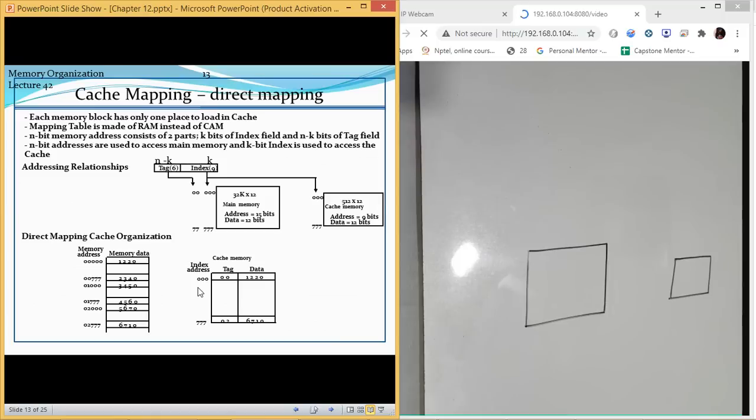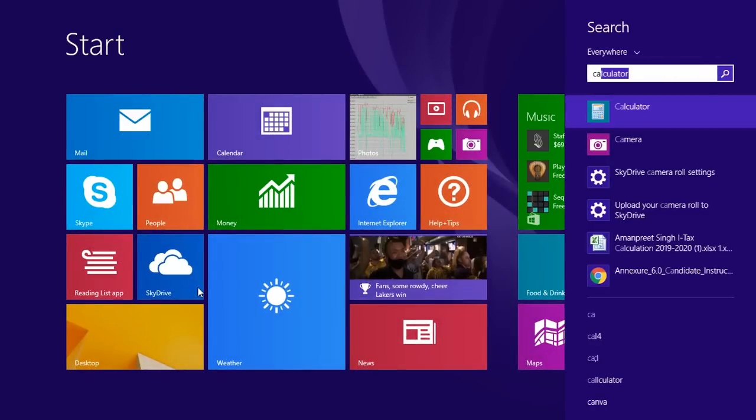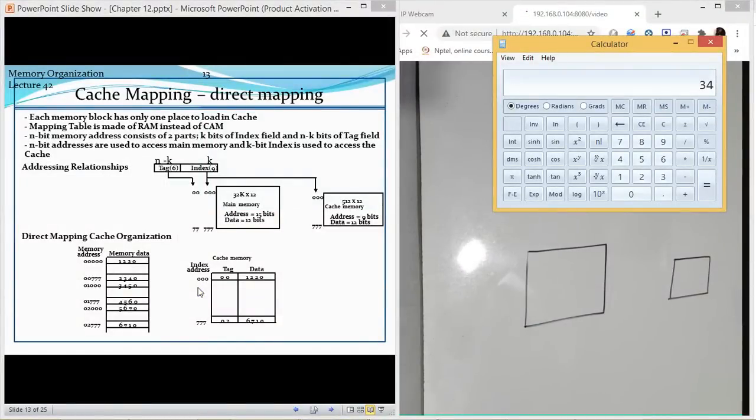The address bits are 15. So the total address, if we calculate the 32K into 12, it is 32K bytes.